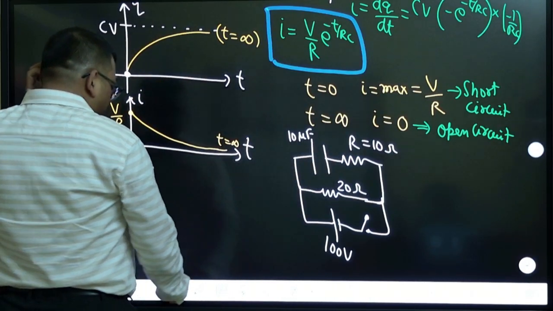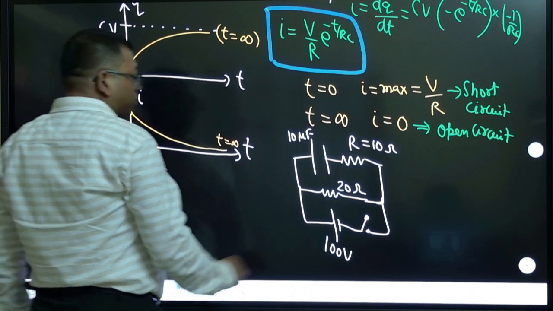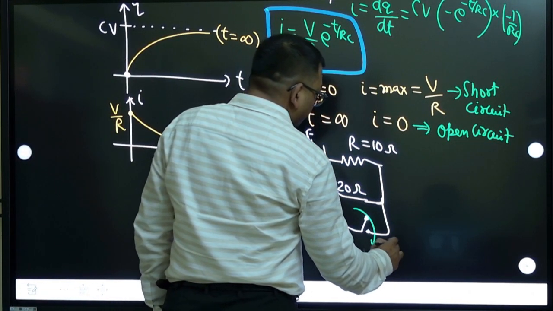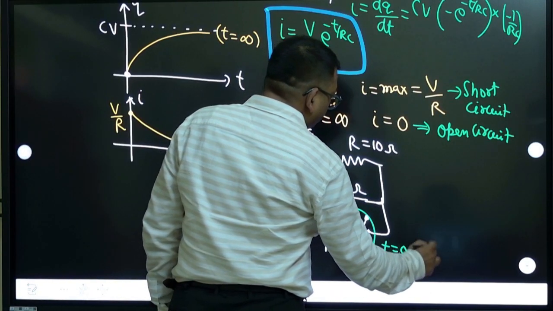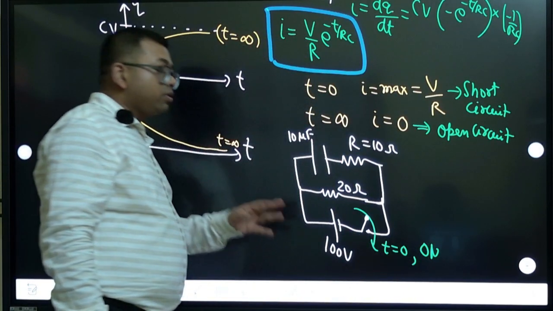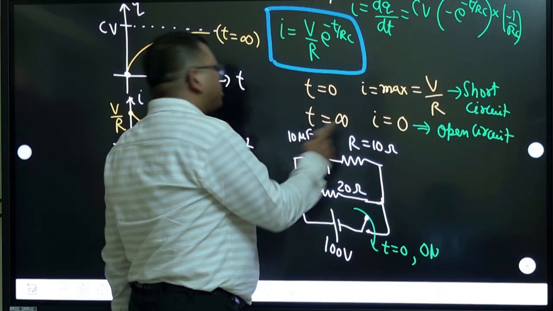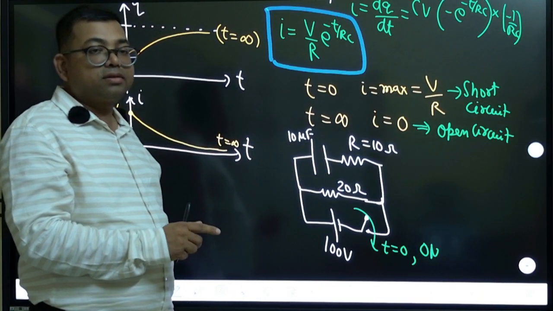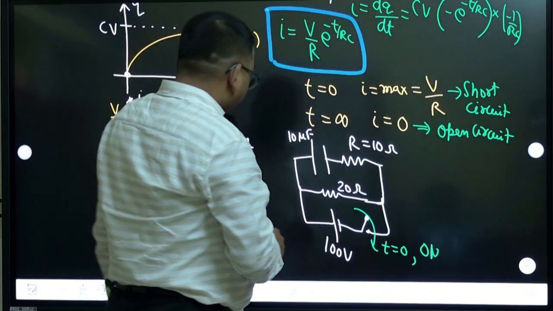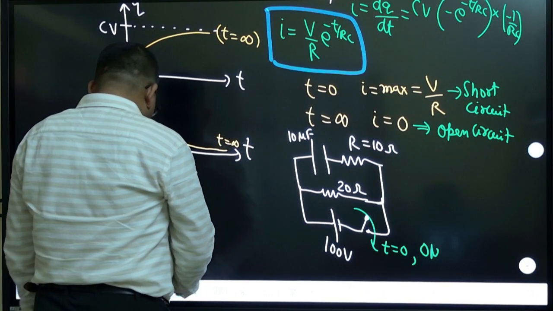Let us say you switch on at time 0. When you switch on at time 0, maximum current will go into the capacitor. That you have to note. So this will behave like a short circuit.